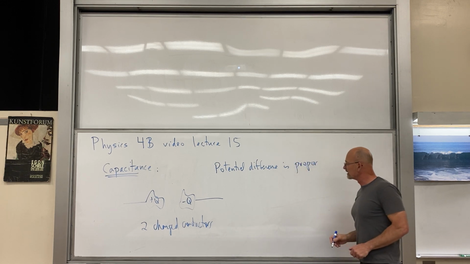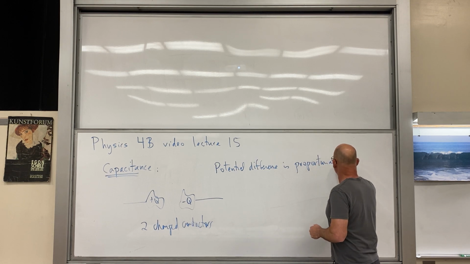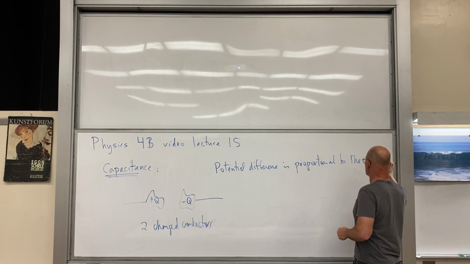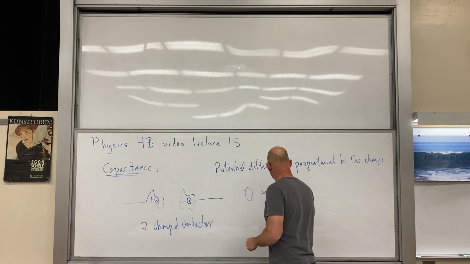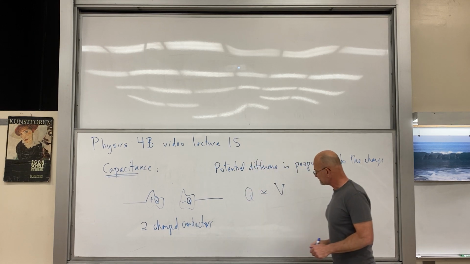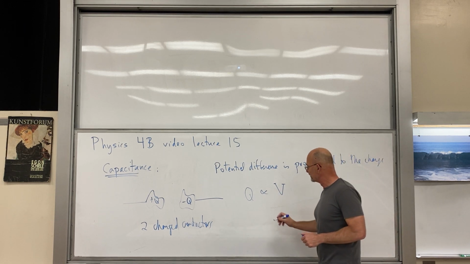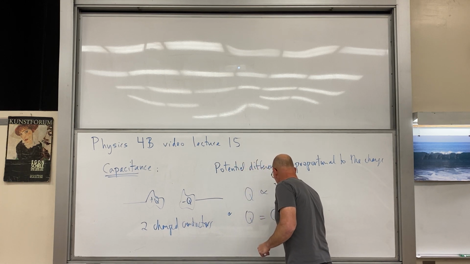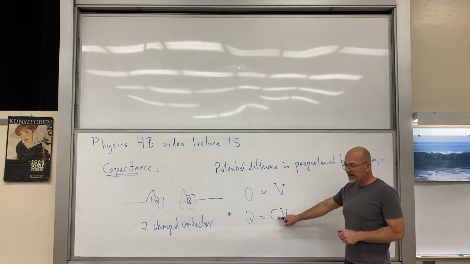And then we can go ahead and get our definition here. The charge, which is to say Q is proportional to V. And what we're missing is a proportionality constant, or Q is equal to C times V, and this is the capacitance.